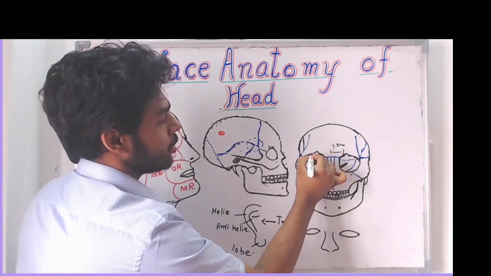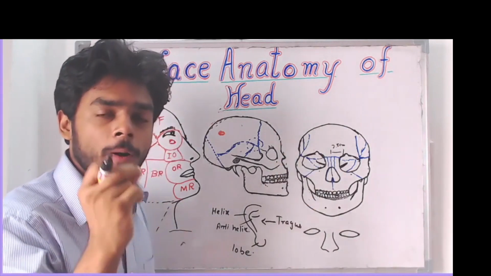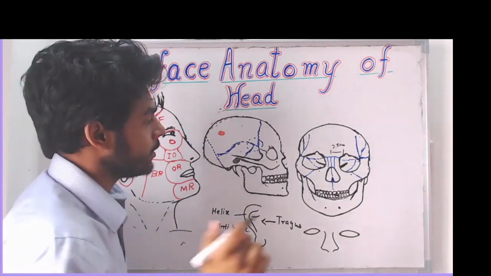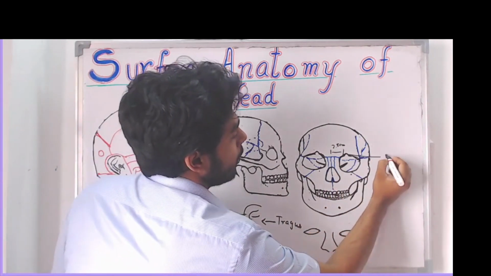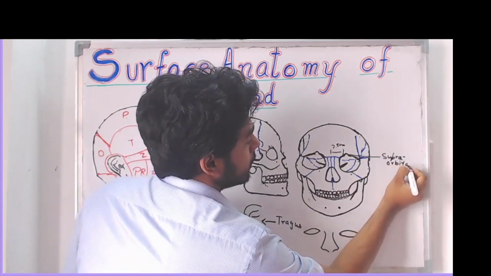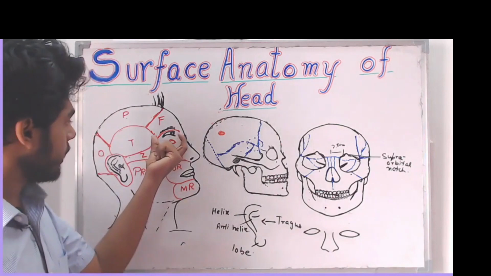This is called the supraorbital notch, and you can feel or palpate it over your eyes, in the orbital region. After that, we have completed the orbital region and auricular region.